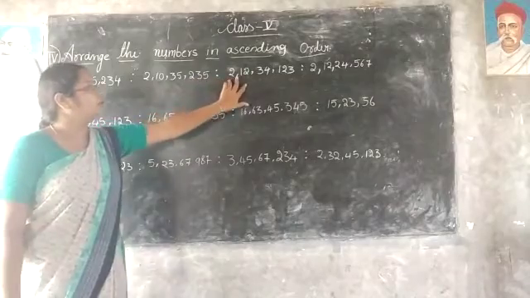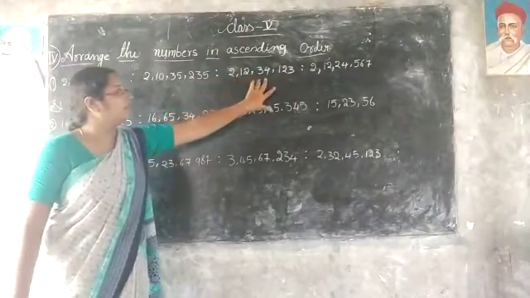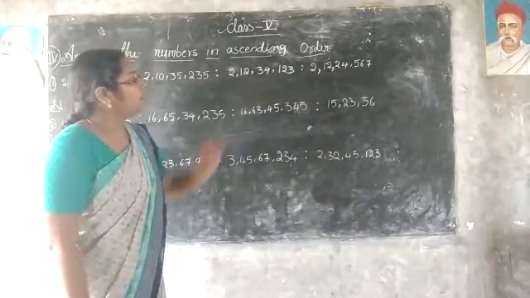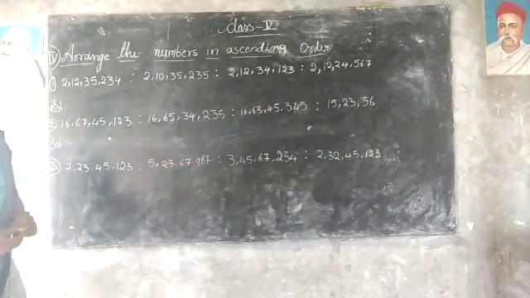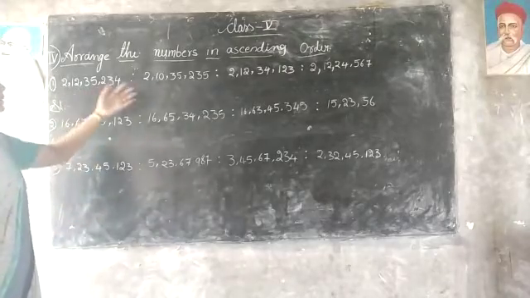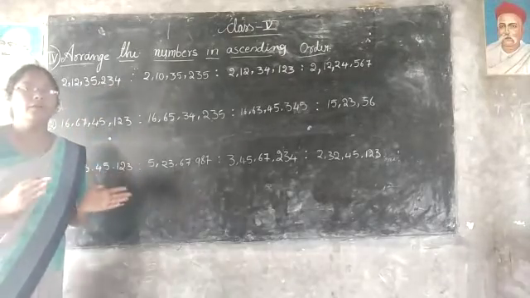The next one, 2 crore 12 lakh 34,123. Next one, 2 crore 12 lakh 24,567.